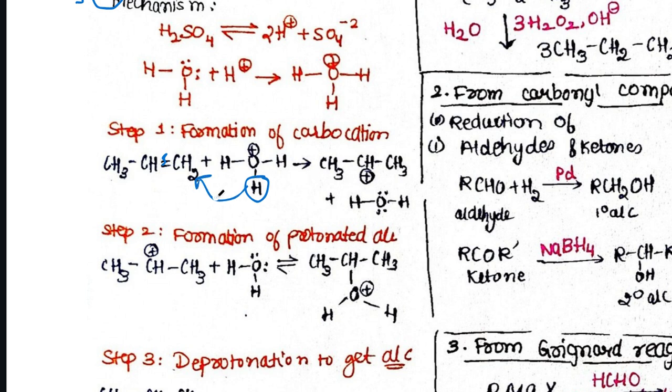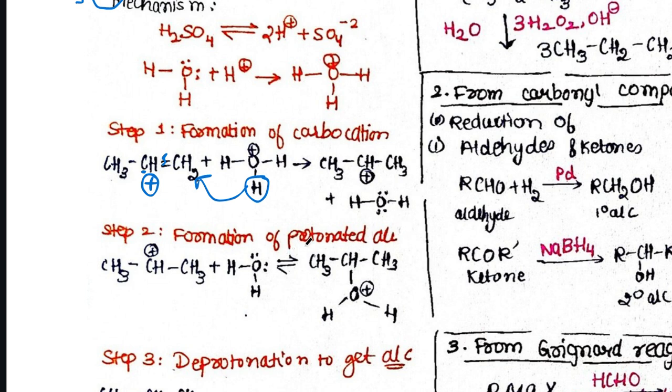Bond is broken but nothing is added to the middle carbon, so it will just stay like that with the positive charge. So I will have this carbocation with me. A carbon with positive charge is known as a carbocation, plus H2O as usual.